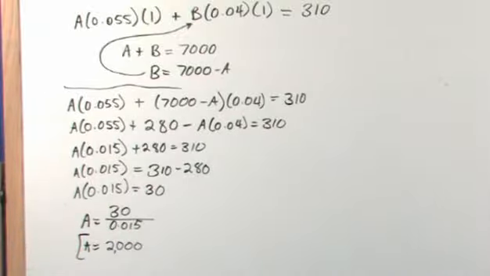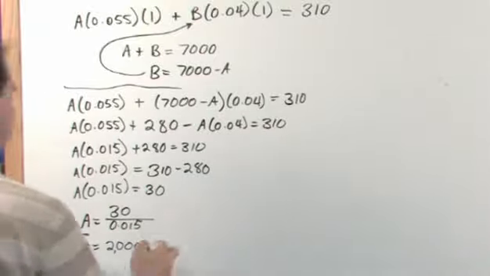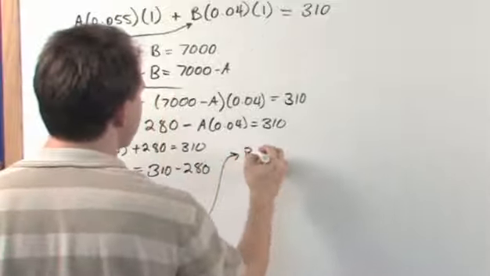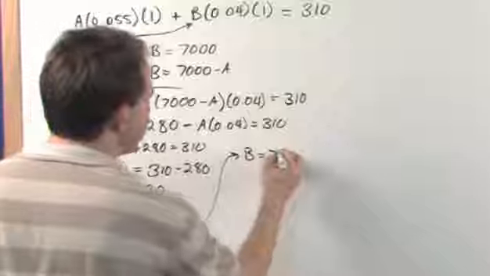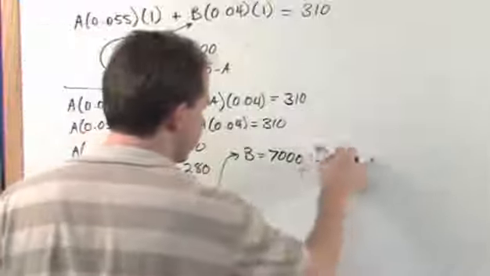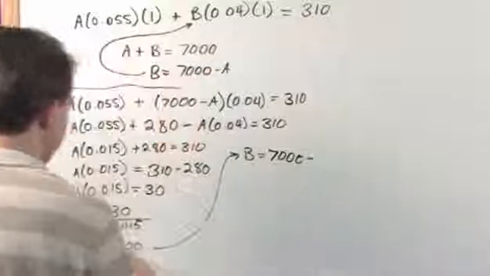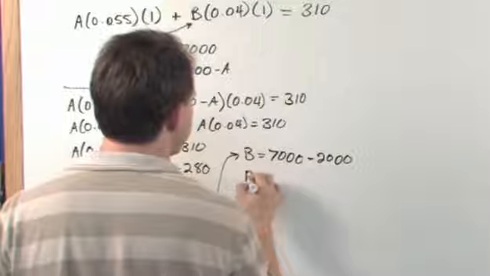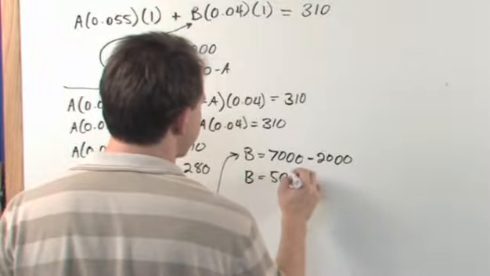So $2,000 is how much she put into account A, and then to find B, just plug it back into the other formula here, 7,000 minus A. So it's 7,000 minus, whoops, that's 70,000, that's not right. 7,000 minus the 2,000, okay. And so then B is going to be equal to simply 5,000.